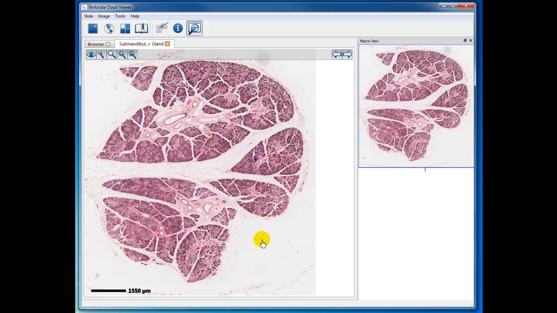I guess the first thing you can notice is that it's divided into compartments, and each of those compartments is a lobule. And actually this area here that I'm moving my cursor around is one lobe. Here's another lobe, and another lobe here, and another lobe here.